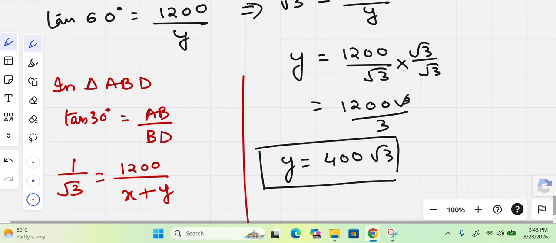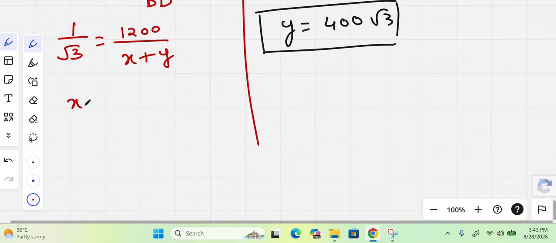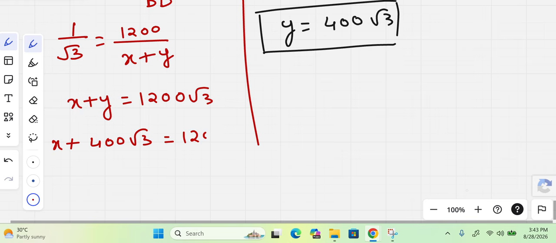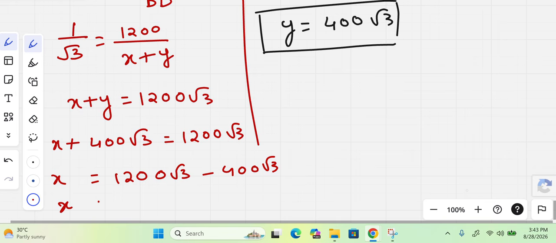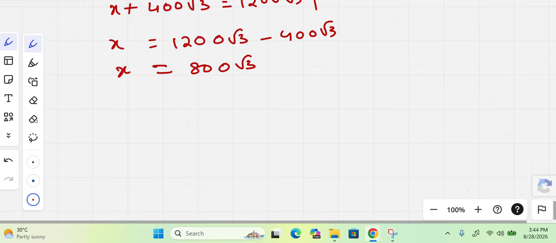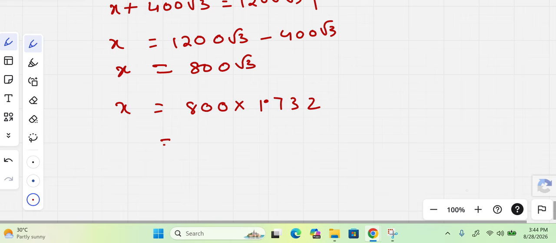X plus y, right guys? So x plus y is equal to... I am doing it to see if you are doing your calculations correctly. Check it, kids. If you are going wrong anywhere, please fix it. It's not that hard. Too many substitutions are there, I understand, but still it is not very hard. X is equal to 800 root 3. Root 3 is 1.732. Substitute the value and figure it out.